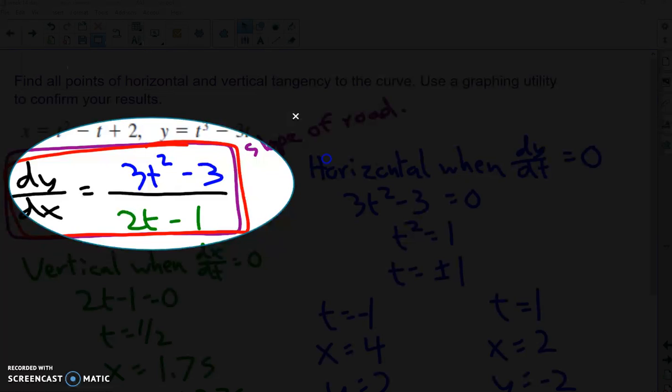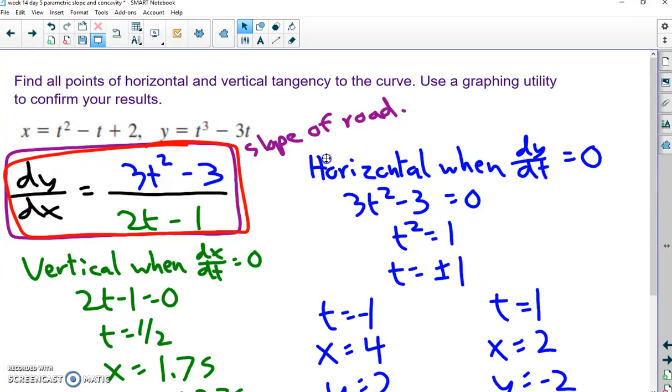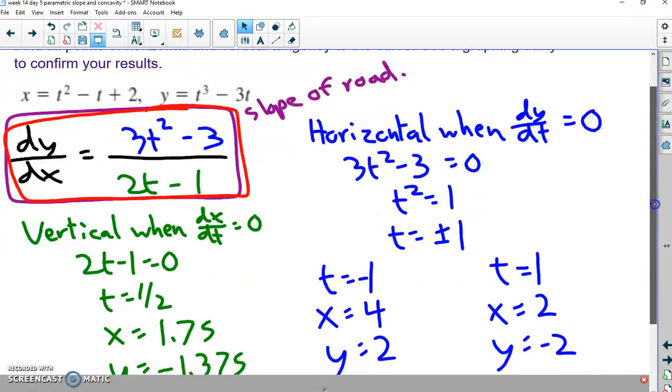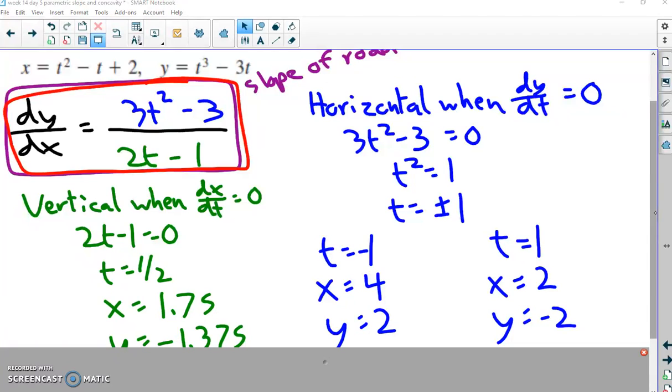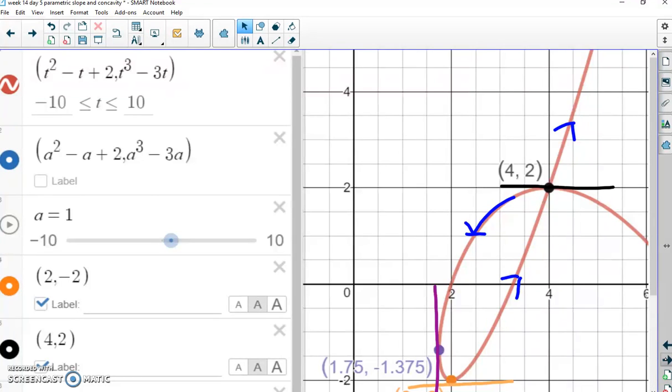When do I get an undefined slope or a vertical slope? When the bottom is 0. And the bottom is 0 when I set green equal to 0. And in this, I have 2 places where I'm flat and 1 place where I'm vertical. If I show you on Desmos, I have 2 places where I'm flat, meaning I was driving east-west, and 1 place where I was vertical, where I was driving north-south.